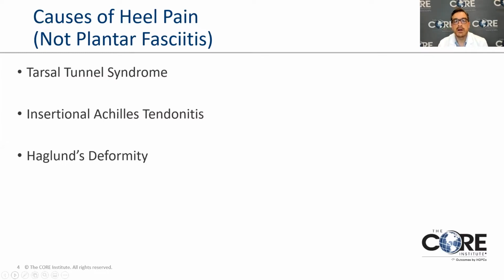But another common condition is tarsal tunnel syndrome. So we'll discuss tarsal tunnel syndrome. And in addition, we'll discuss pain that can develop on the back of the heel near the Achilles tendon. So we'll discuss Achilles tendonitis as well as Haglund's deformity, which are pretty similar.